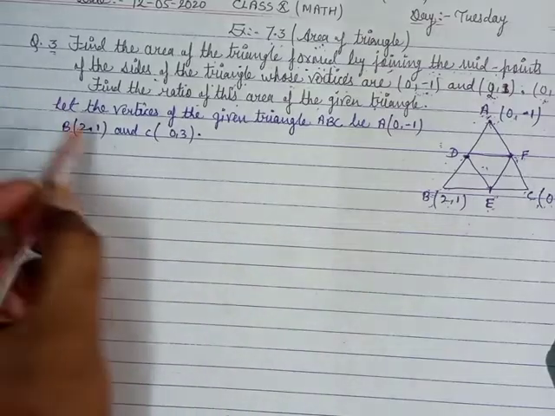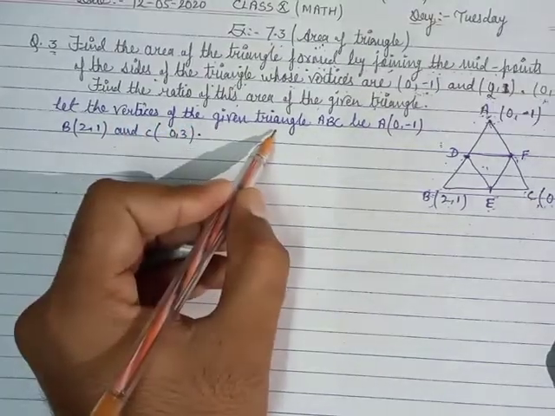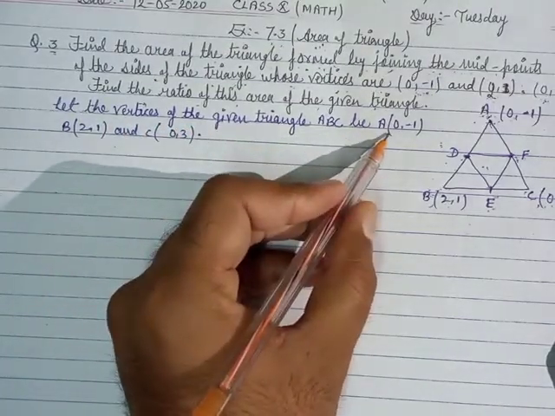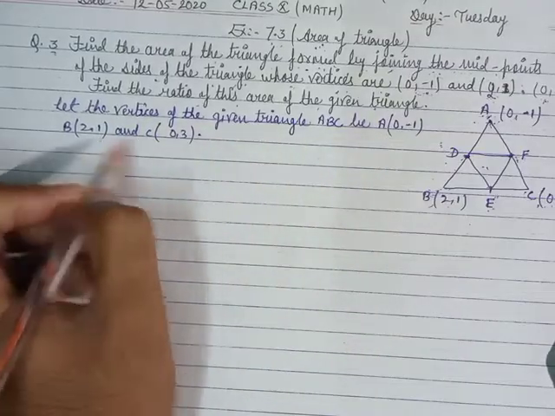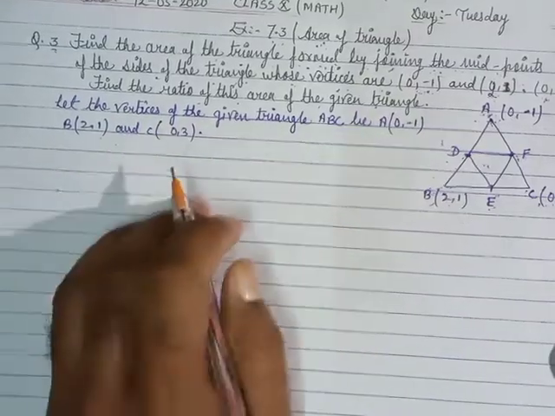So first of all, let the vertices of the given triangle ABC be A (0, -1), B (2, 1) and C (0, 3).